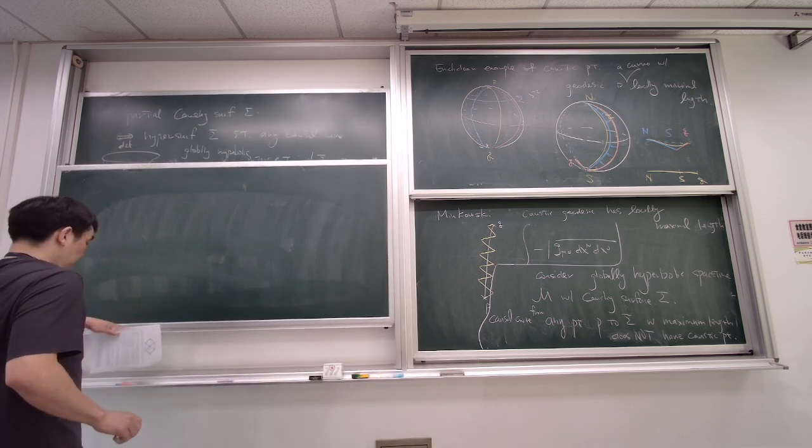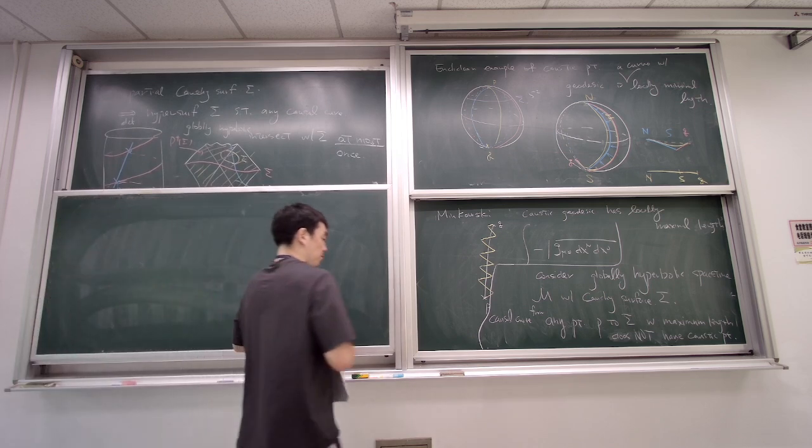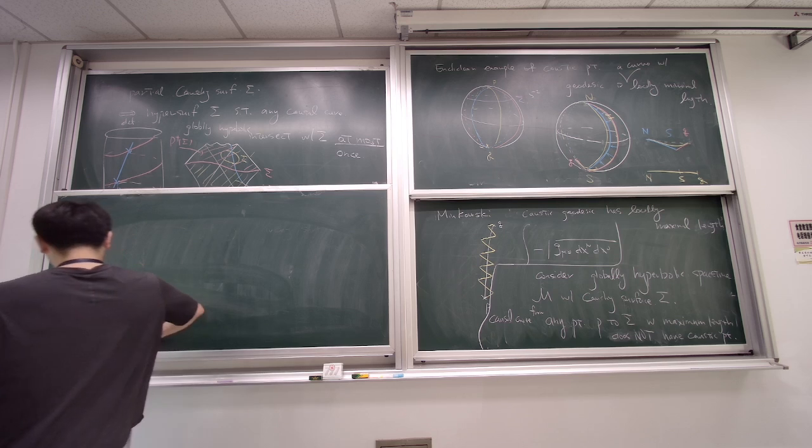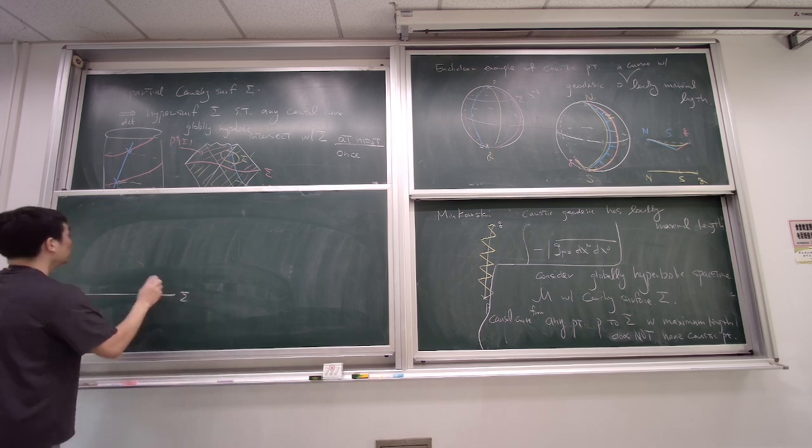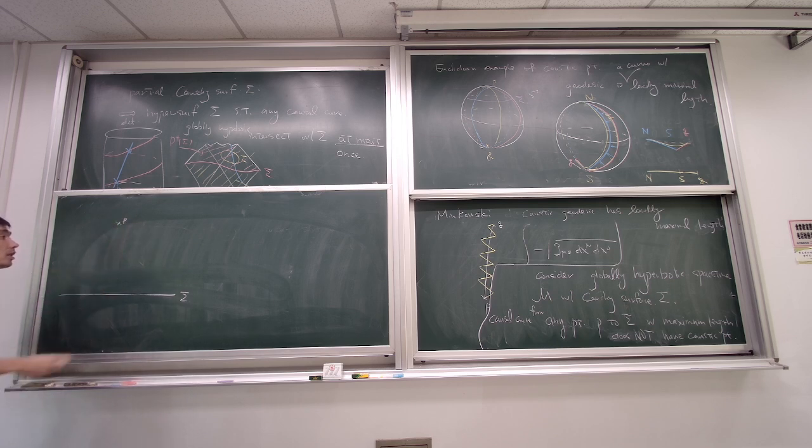Let's prove it by contradiction. Suppose there is sigma and a point P. Let's consider the following.